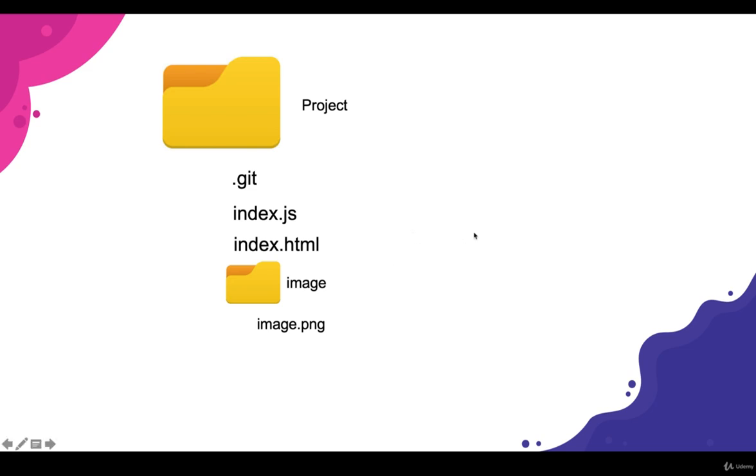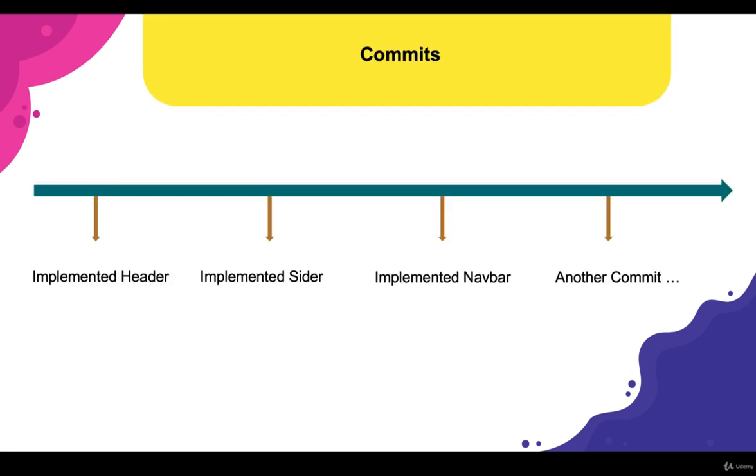All right. Okay, so let me show you another thing that we'll need to know about Git, and that is called commits. Commits are a bit like save points, right, when you're playing a game. You can create some save points for your projects, save your files at those points, and at some point in time, if you need to, you can always go back to that point and see the saved version of those files at that save point.